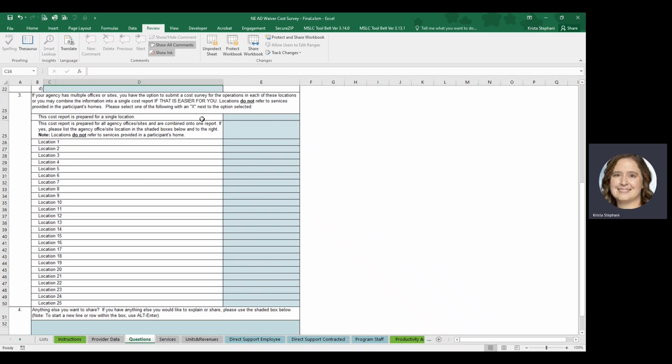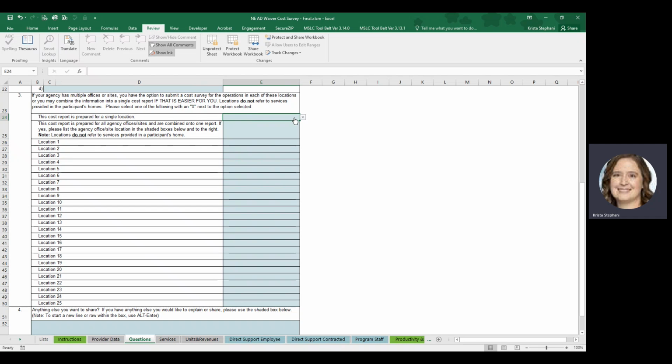In general, if your accounting records are separated by location, then you may want to complete a cost survey for each location. If your costs are consolidated, you may want to provide one cost survey.